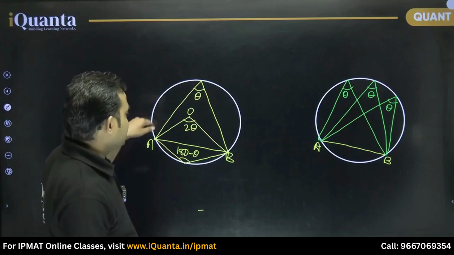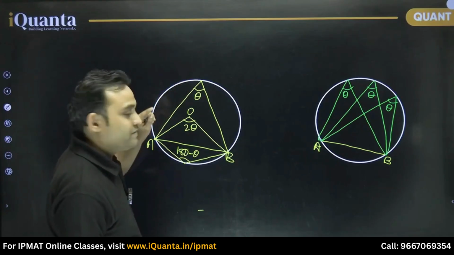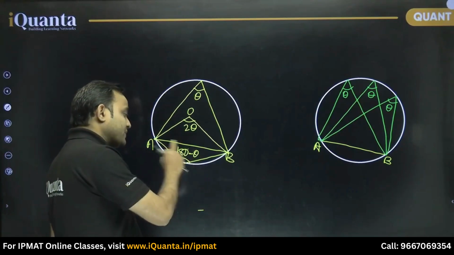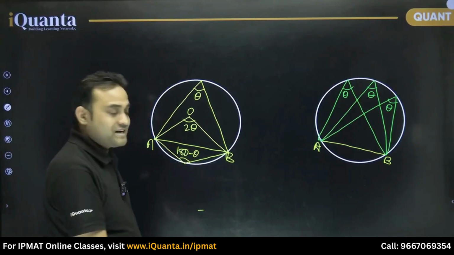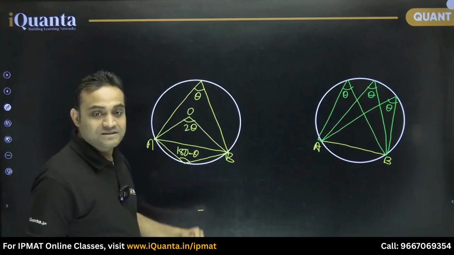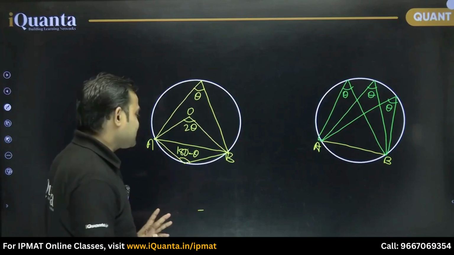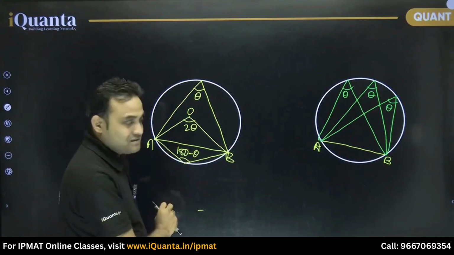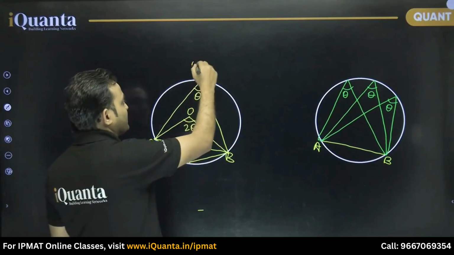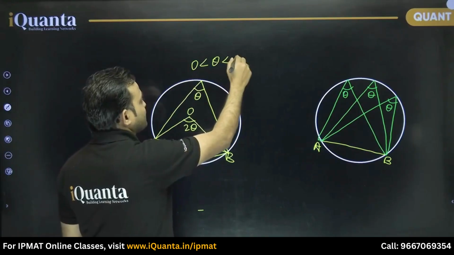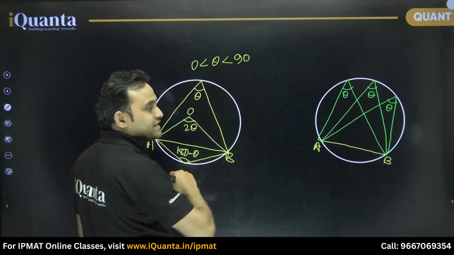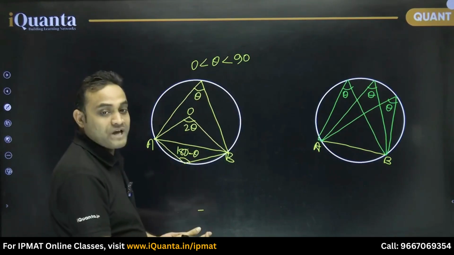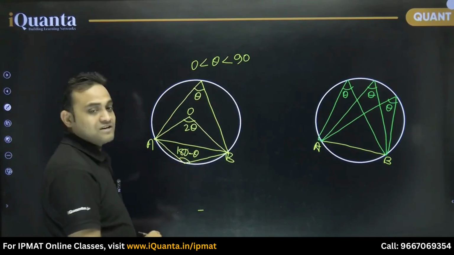Okay, this is theta, the angle at the center is 2 theta, and the angle made by this chord AB on the minor arc will be 180 degrees minus theta. So you can understand that this theta should be between 0 and 90, and 180 degrees minus theta will be an obtuse angle.